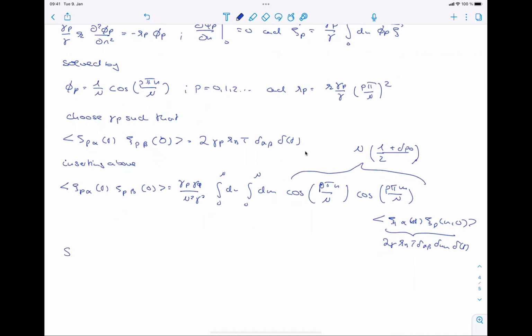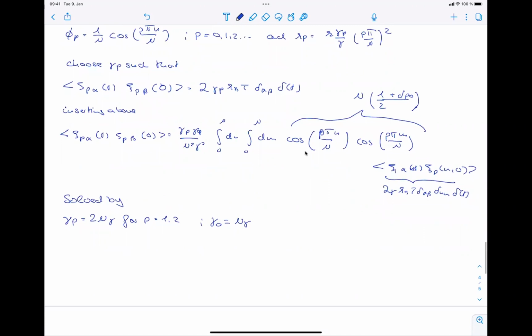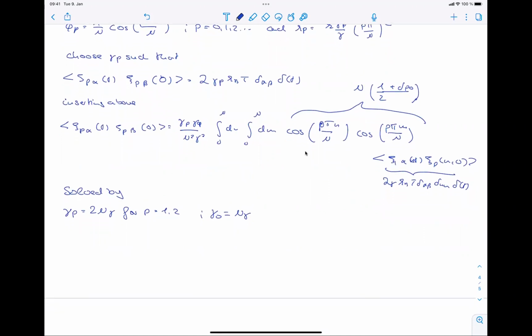Then this equation is solved by gamma_p being 2N gamma for p equal 1, 2, and so on. The exceptional case is p equals 0, where we're integrating a 1 here, and then we have gamma_0 equal N gamma. So taken together, we found the independent normal modes.